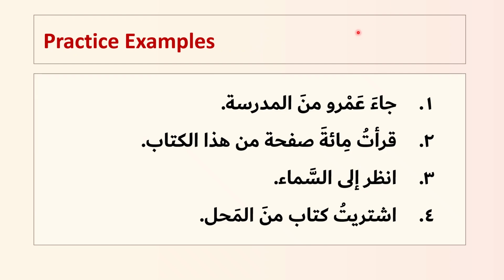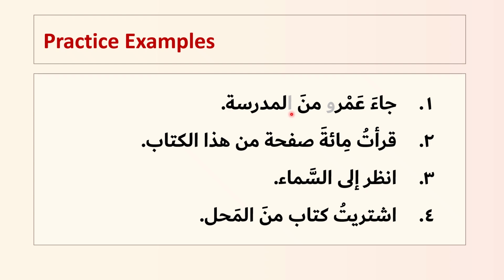Let's practice some examples. I prepared these 4 sentences, which include silent letters. Please try to guess where the silent letters are in the first sentence. Yes, the waw in the name Amr is silent, and the alif in the definite article attached to madrasa is silent.